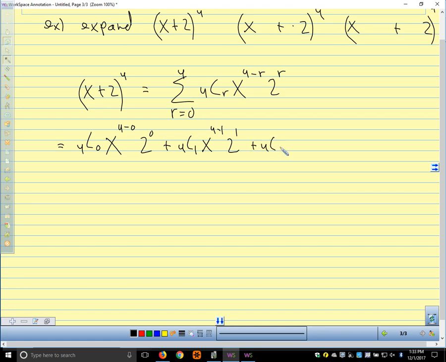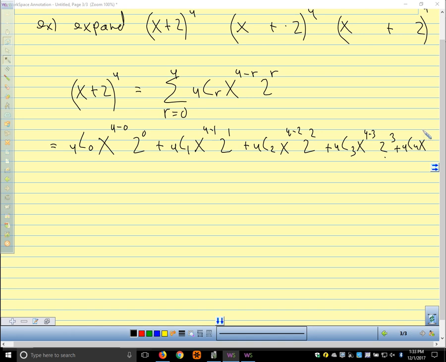Plus 4 choose 2, x to the 4 minus 2, 2 to the 2. Plus 4 choose 3, x to the 4 minus 3, 2 to the 3. And finally plus 4 choose 4, x to the 4 minus 4, and 2 to the 4.